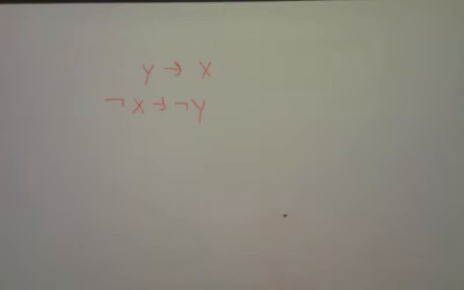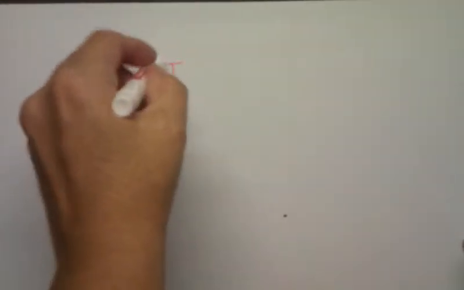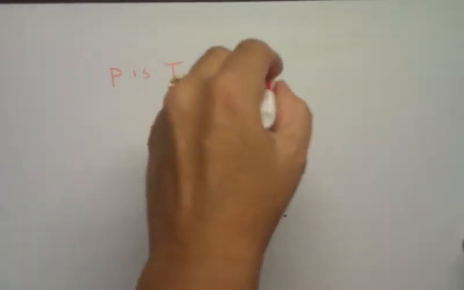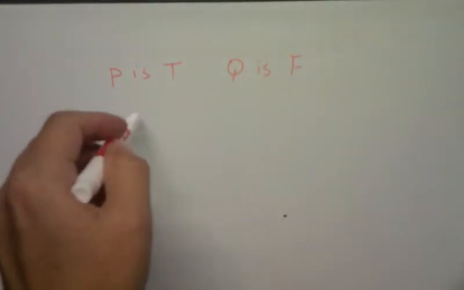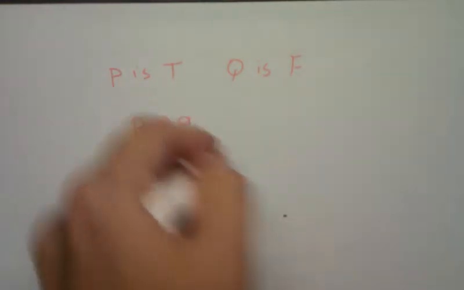Alright, let's look at another one. If P is true and Q is false, what is if P then Q?